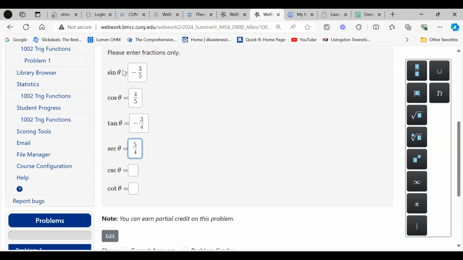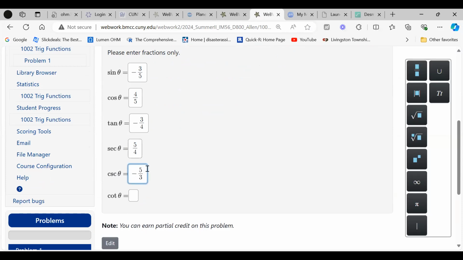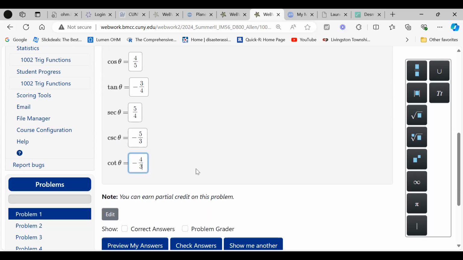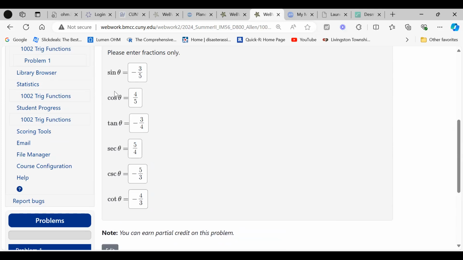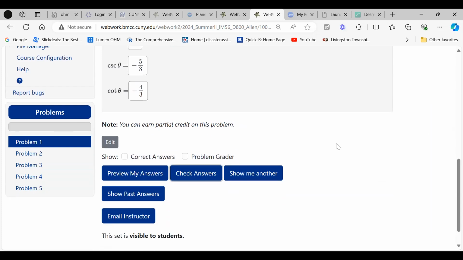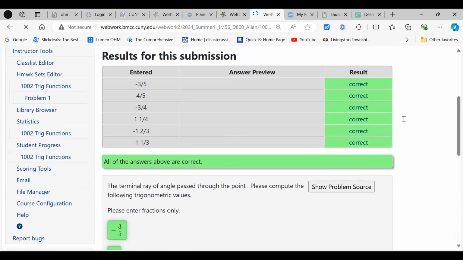Cosecant is the reciprocal of sine, so it's -5/3. Cotangent is the reciprocal of tangent, so -4/3. So if you know just sine and cosine, you can find the rest of them using the trig identities. And it's all good.